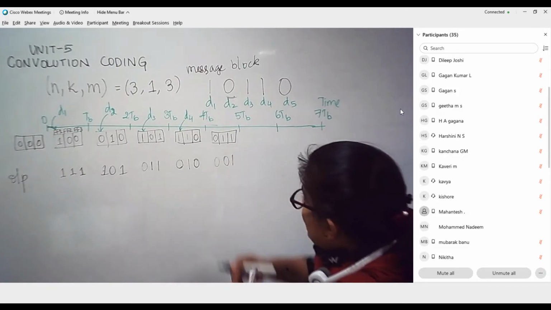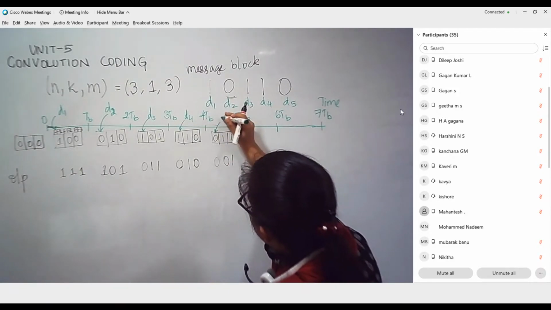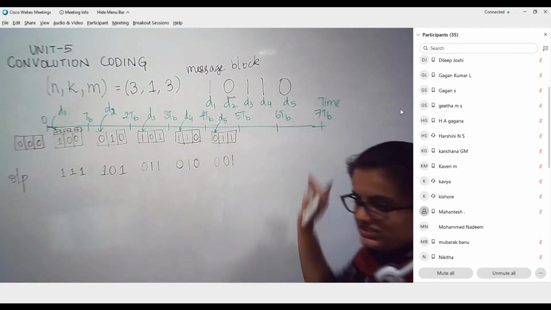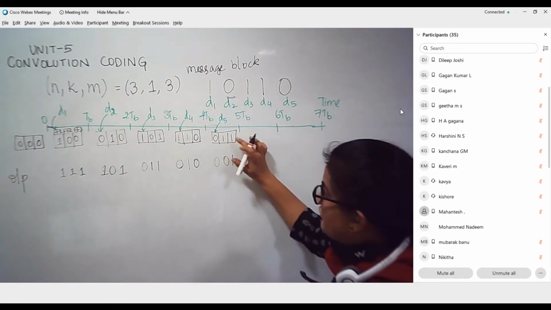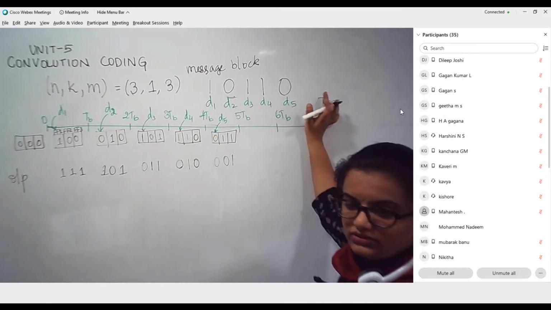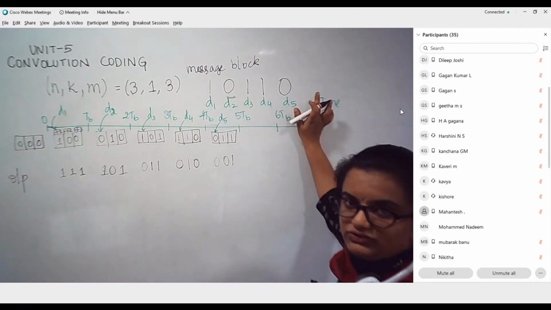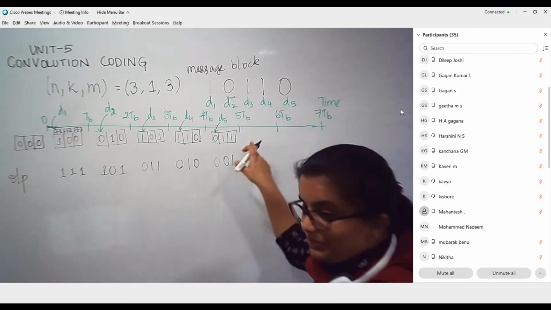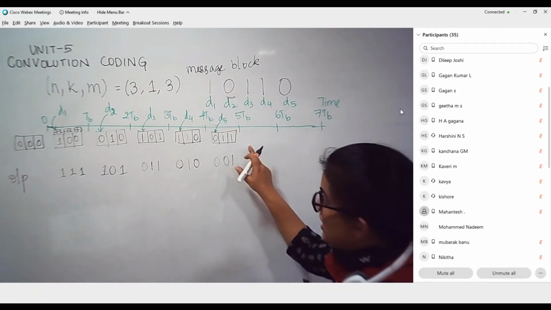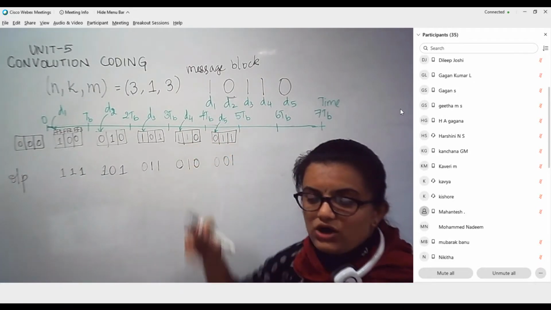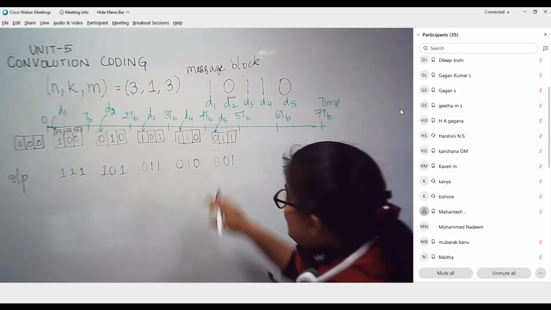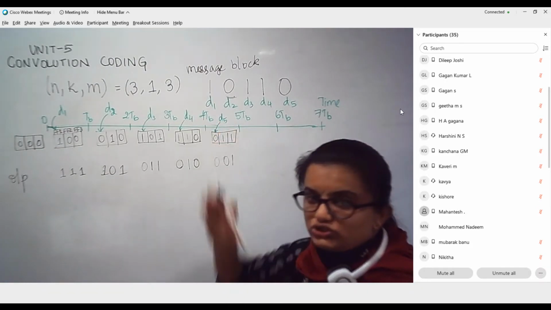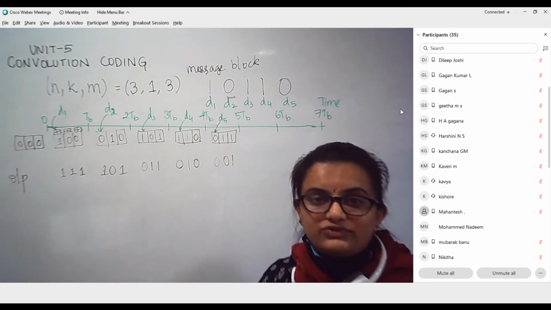Now you see what will happen. This is D5. The final bit of the message sequence has been pushed into the flip-flop. Now there are no other bits left in the message sequence, but it will still process. Why? Because all the data bits that have been previously pushed should be sent out of the shift register.